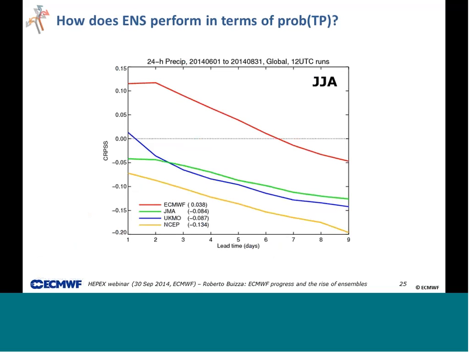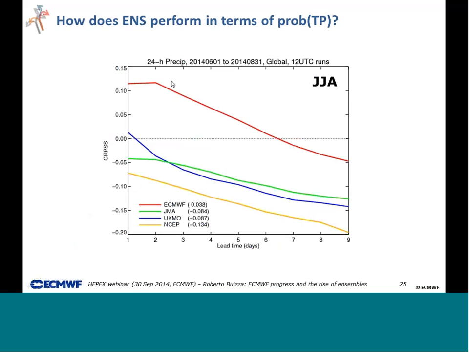And so we talked about reliability, let's now talk about accuracy of the probabilistic forecast. One way to measure accuracy of a probabilistic forecast is by using this score, which is called the continuous ranked probability score. What does it do? It measures the distance between the forecast PDF, in this case for precipitation, and the observed PDF.